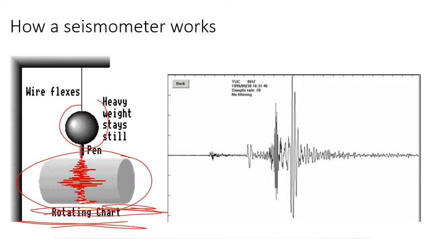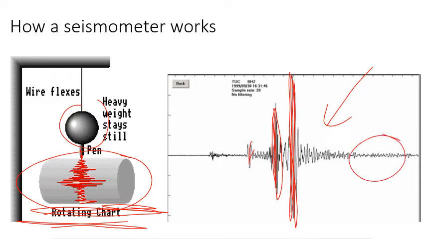The pen stays in place, so it makes a mark on the paper when the paper is moving. You can see from a paper like this, here was a case where the ground was moving. Here's another case where the ground was moving. Over here, the ground was not moving. So there was no earthquake here. This is the shaking of the ground when an earthquake happened.